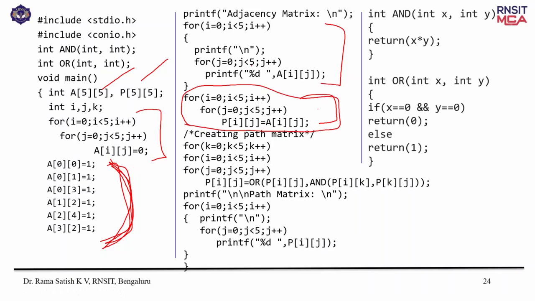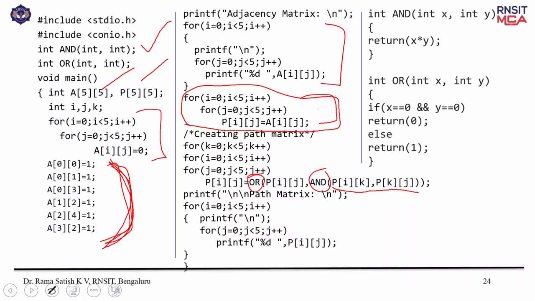Once the path matrix is equal to the adjacency matrix, then you apply the formula. You see, P of ik and P of kj have to be ANDed. For this AND, we have written a function. Same way, OR operation we are doing.